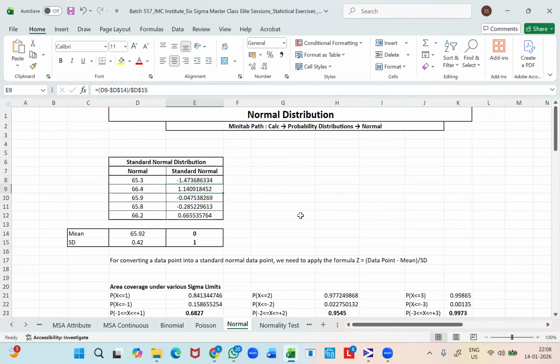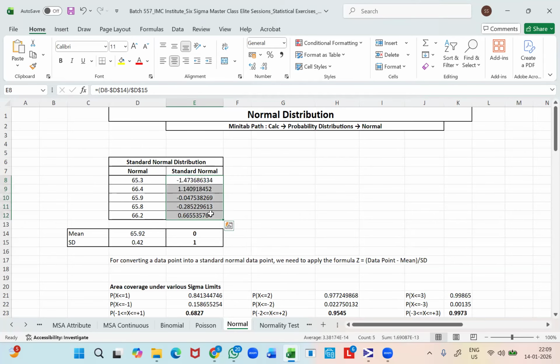Similarly, for 66.4, we apply the same formula: 66.4 minus 65.92 divided by 0.42 will give you 1.14. Like this, if we standardize all these normal data points, we will get a standard normal data set.